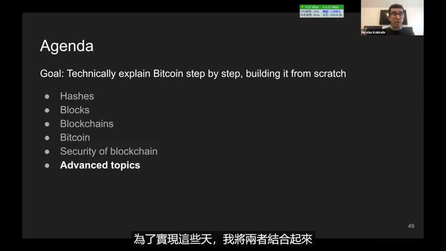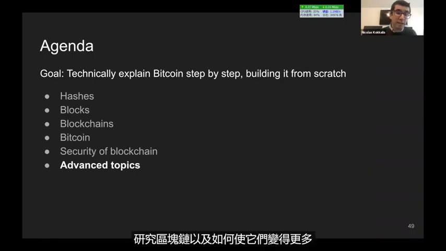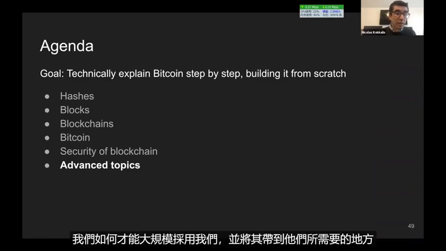So these days I'm combining these two interests into looking at blockchains and how we can have mass adoption, and bring them to where they deserve to go.